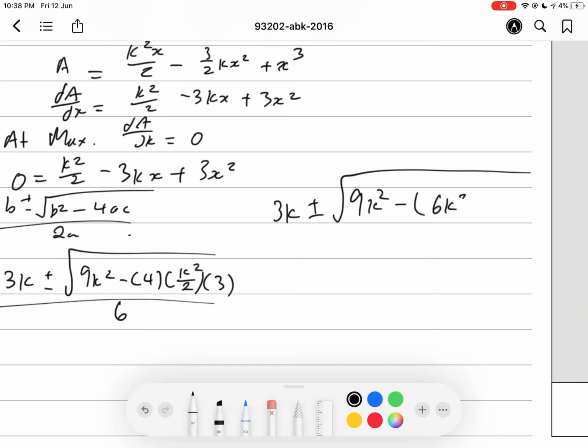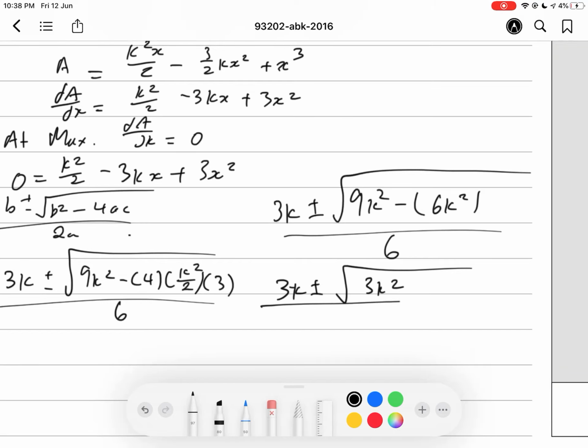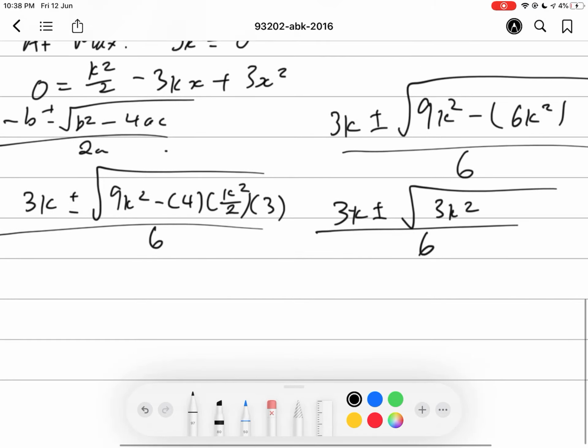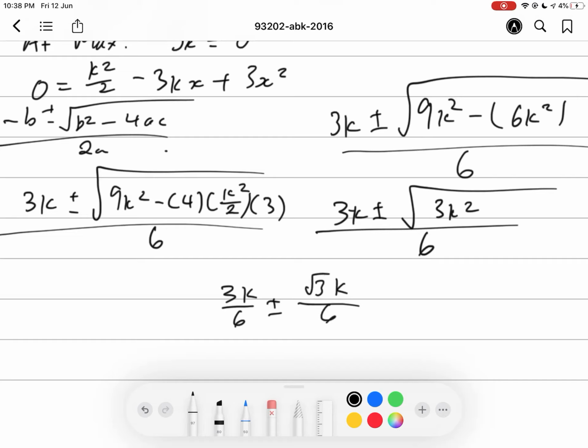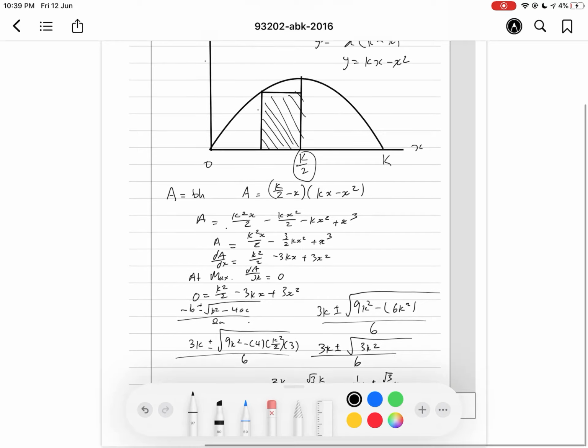That becomes 6k squared, so we get 3k plus or minus the square root of 3k squared, over 6. If we simplify this, we get 3k over 6 plus or minus root 3 k over 6. Therefore x equals 1 over 2 k plus or minus root 3 over 6 k.